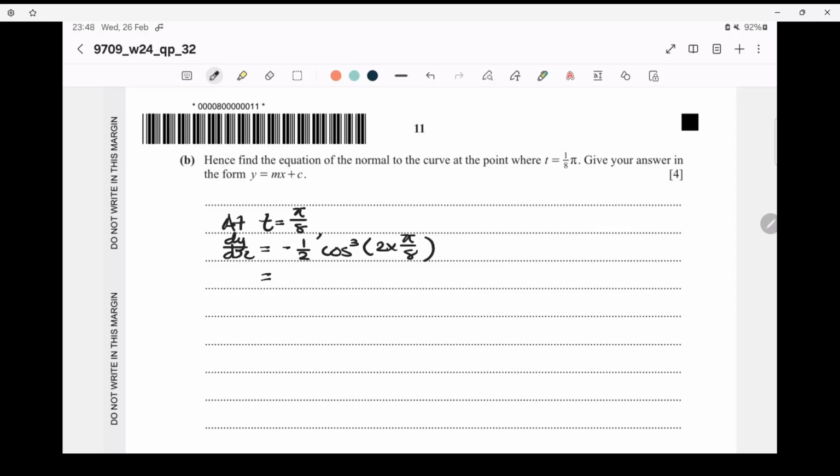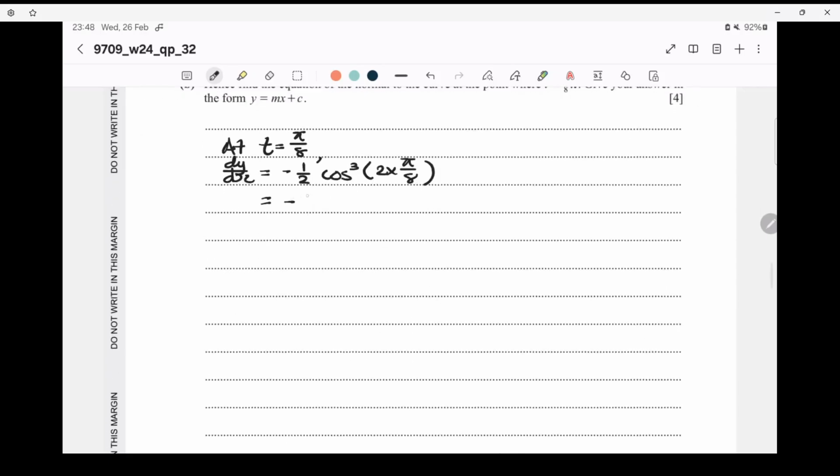So if you evaluate this, you will get minus square root 2 over 8.